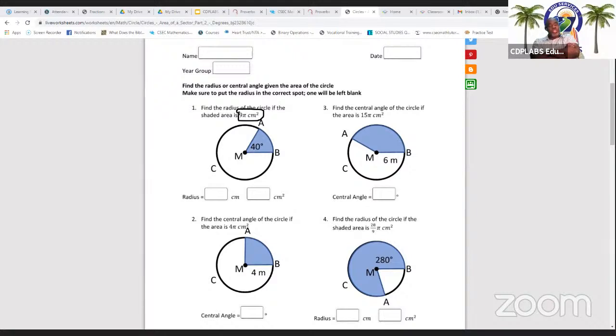I want you to use your circle that you have and study it, and see if you can come up with a method to find the answer to that question.